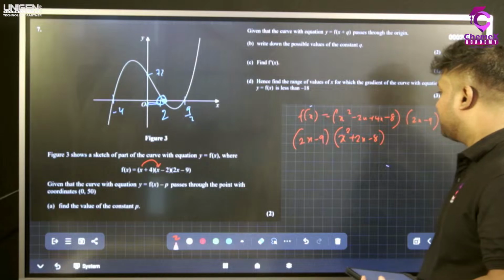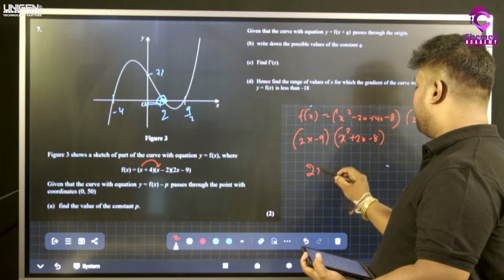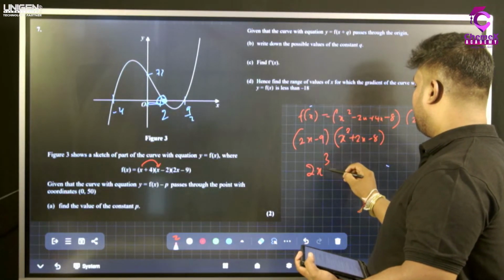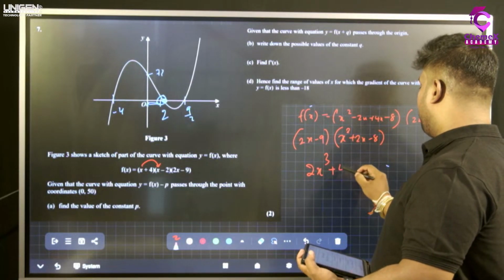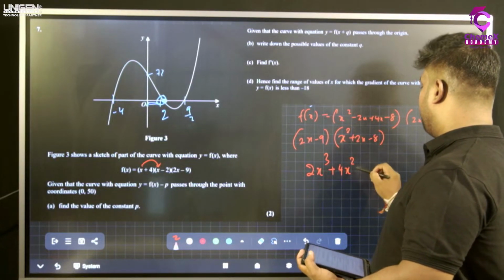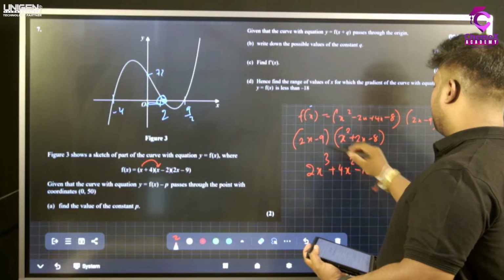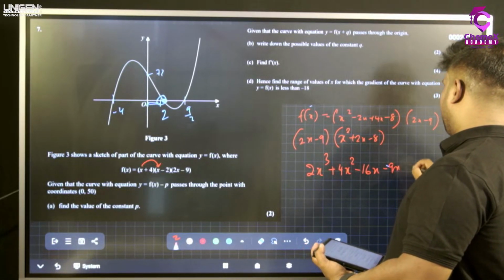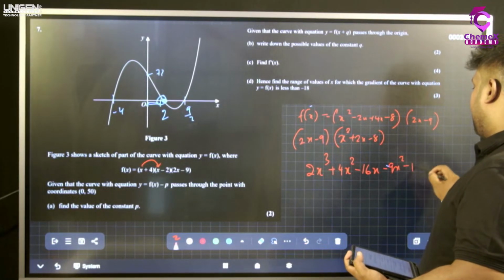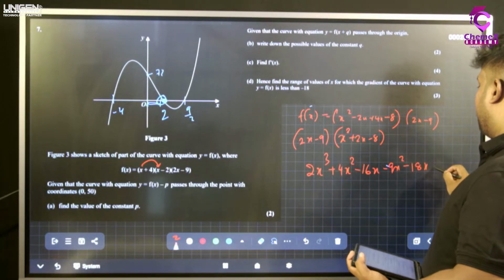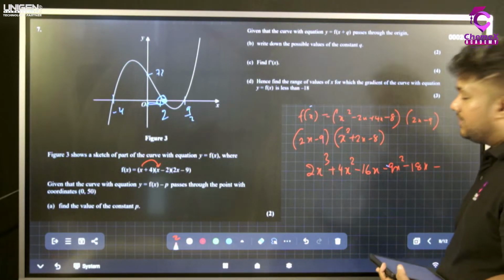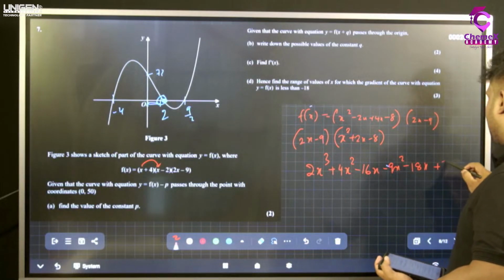Then what do you get? 2x cubed plus 4x squared minus 16x minus 9x squared minus 18x, and minus 9 times 8 is how much? Plus 72.